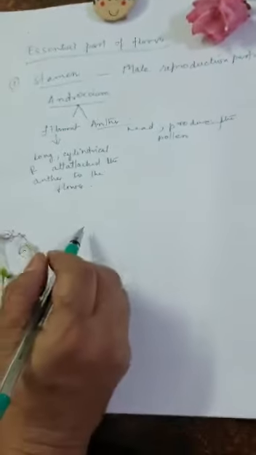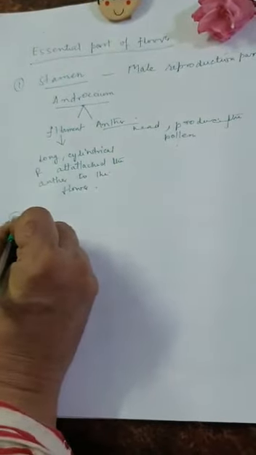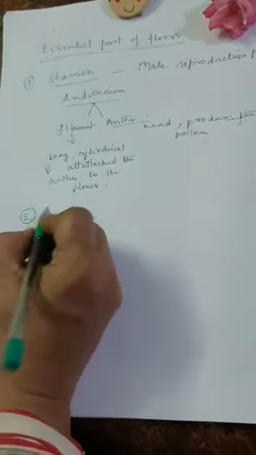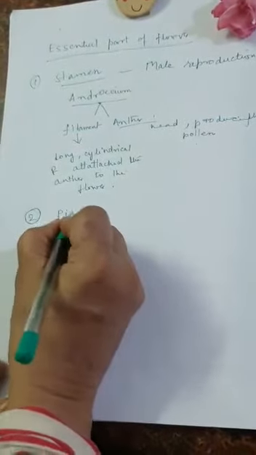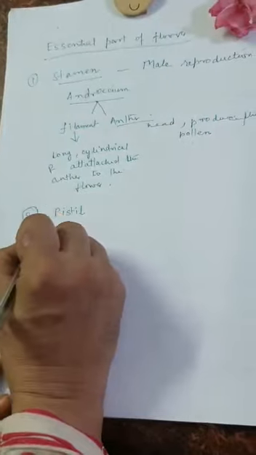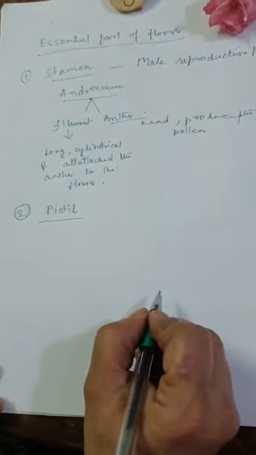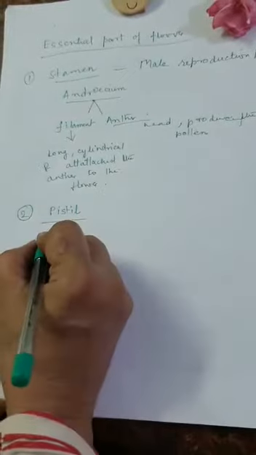Next essential part of the flower, that is the female part, is pistil. Pistil forms the female part of the flower, and a collection of pistils is known as gynoecium.